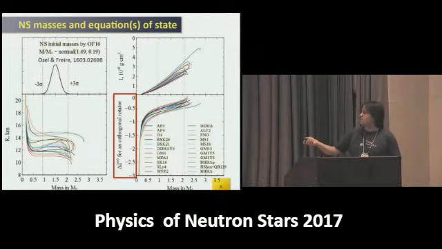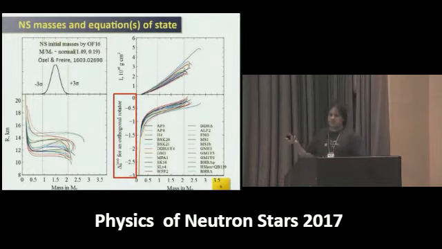So here is the radius to mass relationship. Moments of inertia of neutron stars are simply proportional to the mass, and these curves are the delta B, the logarithmic correction to the magnetic field, calculated for an aligned rotator. It means for the magnetic inclination equal to 90 degrees.